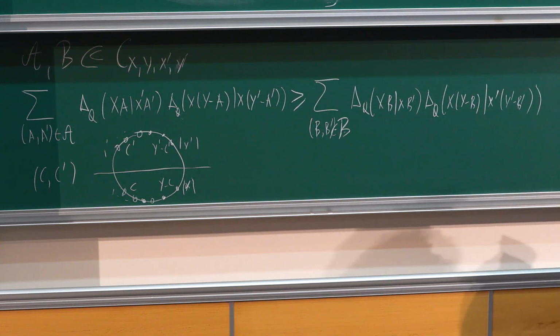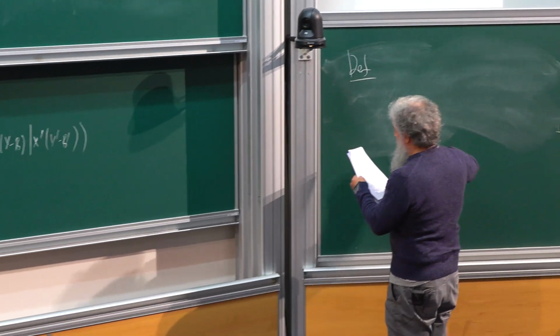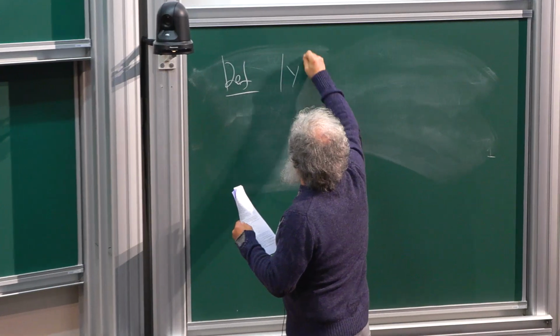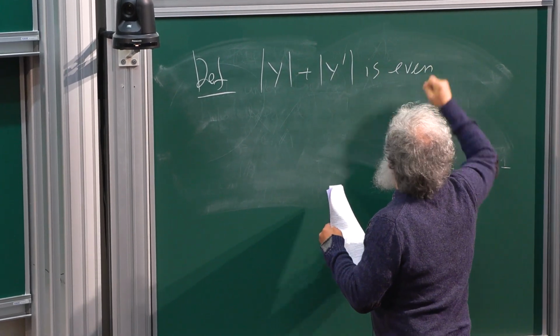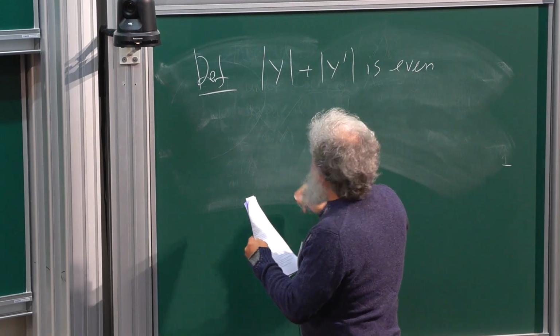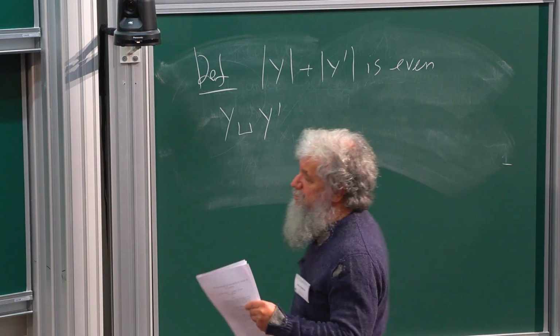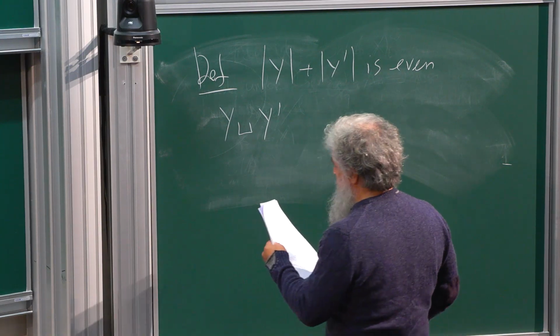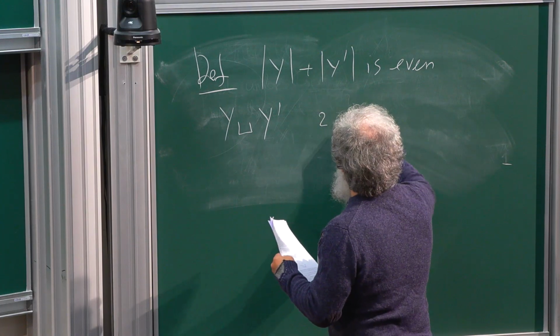Since Y plus Y prime is even, we can split the union, this set which I draw on the circle, into two-element subsets.